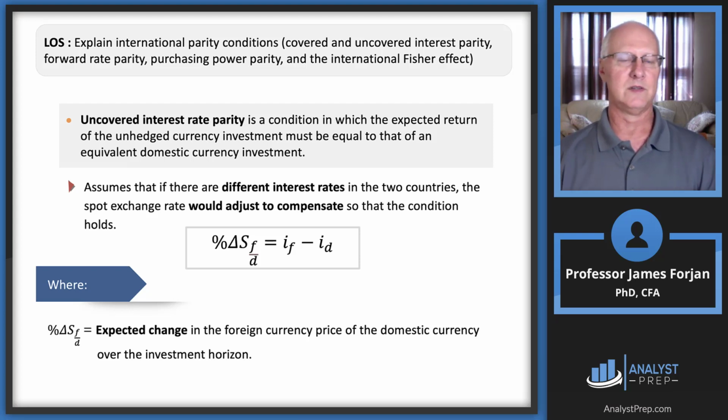So look at that arrow point. It assumes that if there are different interest rates in two countries, which we know there are going to be, the spot exchange rate would adjust to compensate so that the condition holds, right? So the percentage change in the spot rate has to be equal to the interest rate differential.